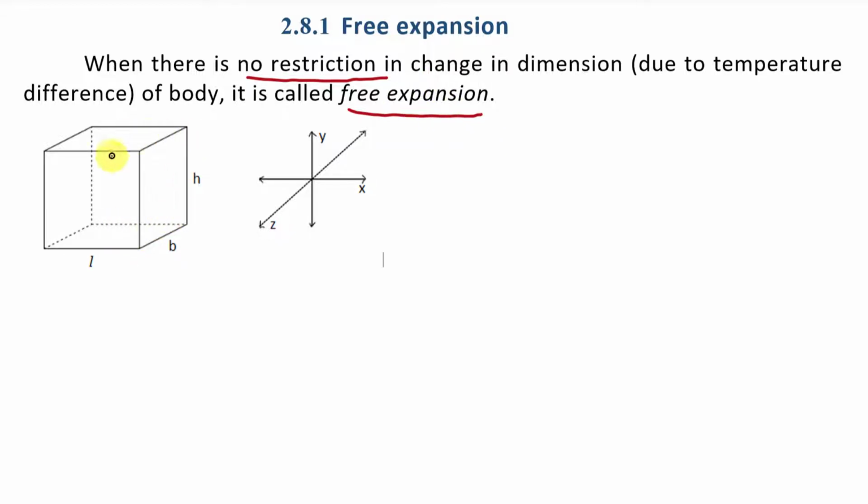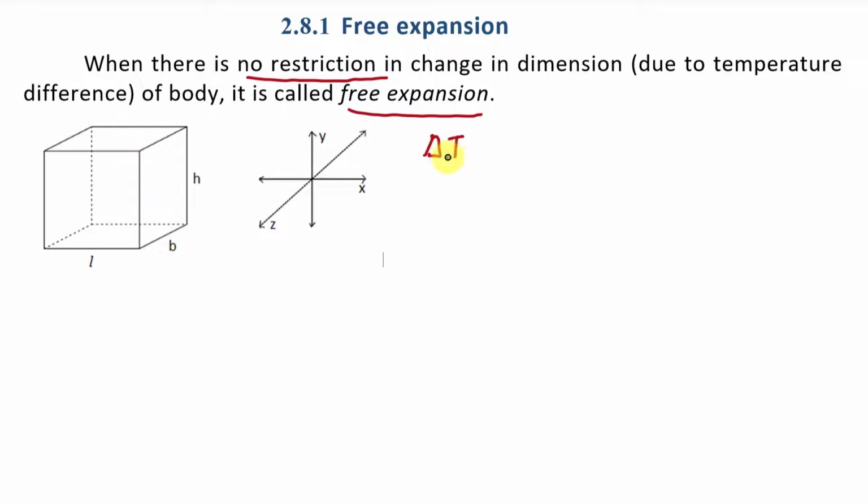Let's say we have one body here, and this is the length of the body, this is width of the body, and this is height of body. Here we are taking this axis as x-axis, this axis as y-axis, and this axis as z-axis. Now if we increase temperature of this body as delta T, then what will be the value of change in dimension of this body, and what will be the value of strain in this body?